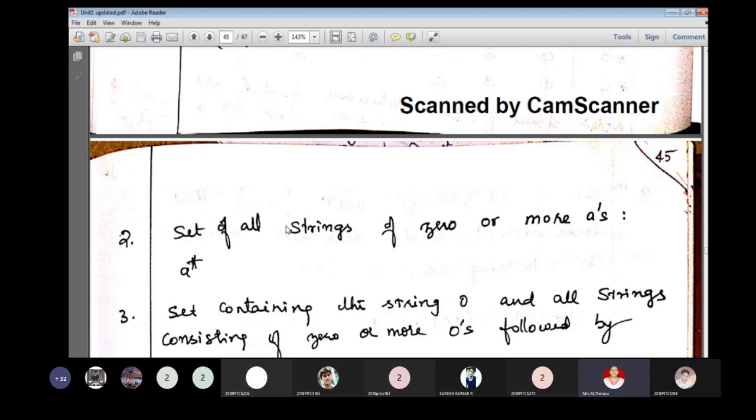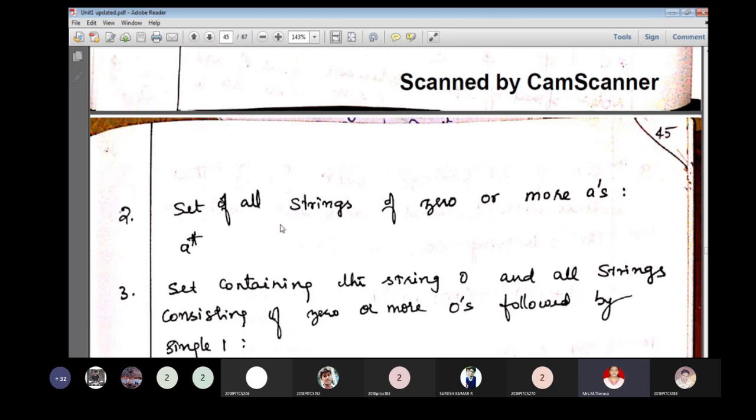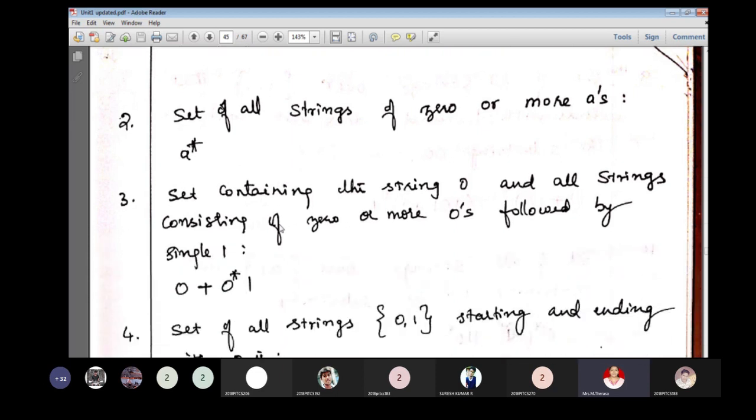That can be represented with a star. And third one, the set containing the string 0 and all strings consisting of 0 or more zeros followed by a single one.